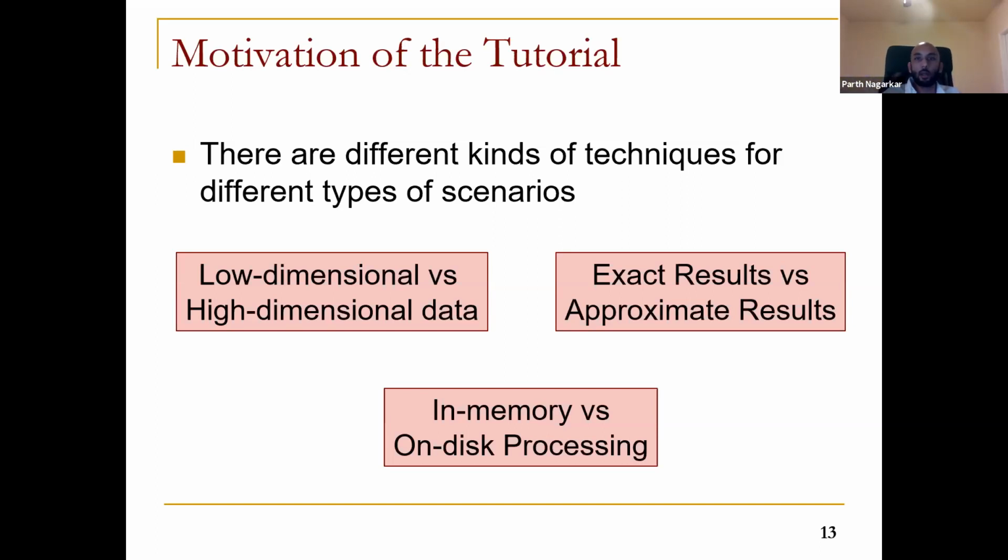This is really useful if you have data sets with billions of points or images, for example, and you do not have much memory. So we will focus on these three different types of scenarios in this tutorial.